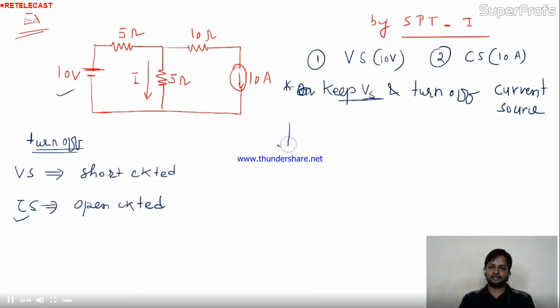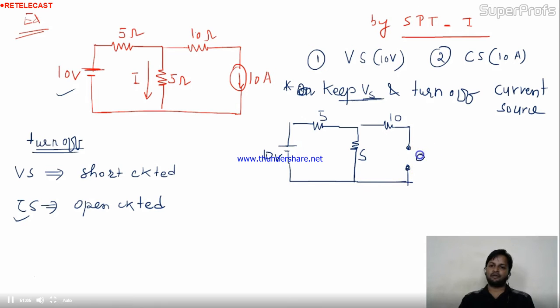Take the voltage source in consideration, 10 volt. Take 5. This branch is as it is. Given 5, here 10. Now what about this current source? I told you the current source will always be replaced by an open circuit.